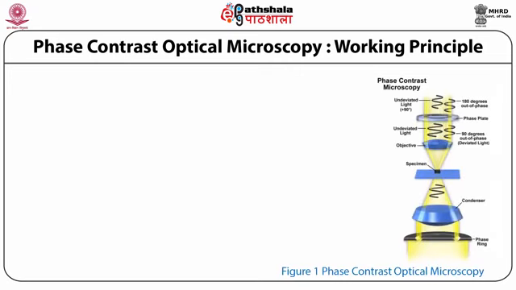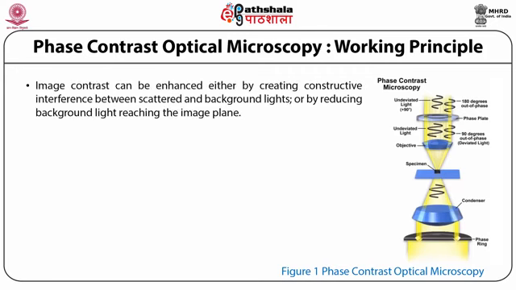Figure 1 shows the phase contrast optical microscopy. The image contrast can be enhanced either by creating constructive interference between scattered and background lights, or by reducing background light reaching the image plane.